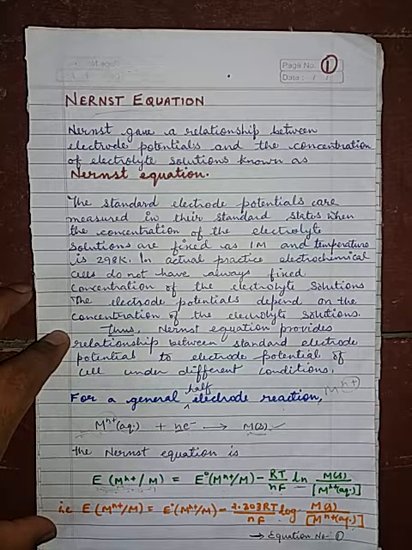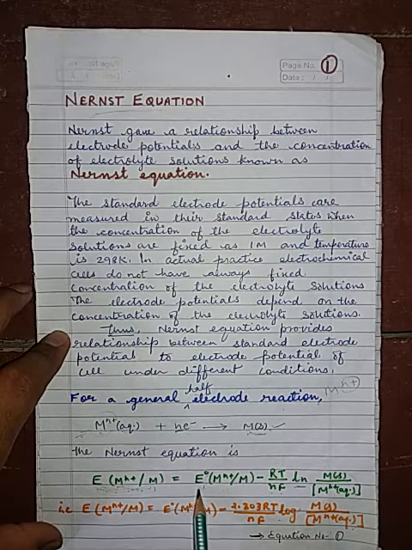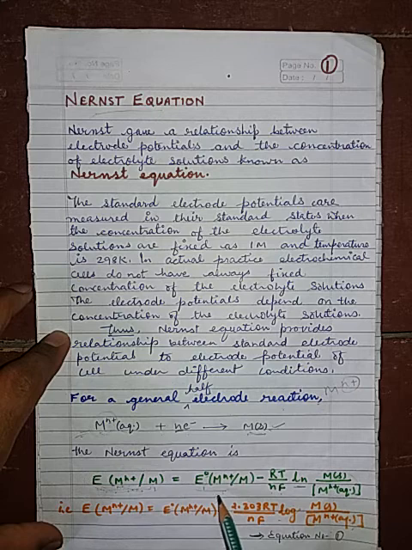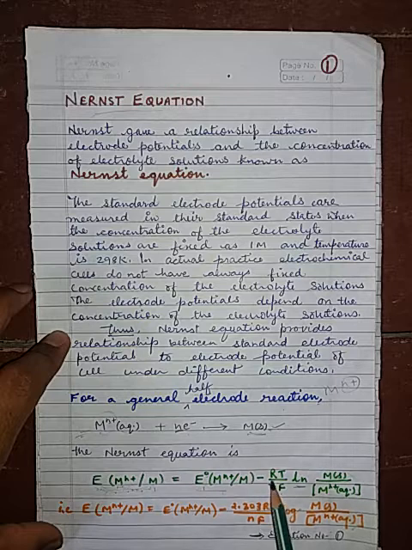This reactant is changing into M solid after taking n electrons, and this is a half cell electrode under different conditions, and this E naught is the standard electrode potential for the same metallic ion, and minus RT.